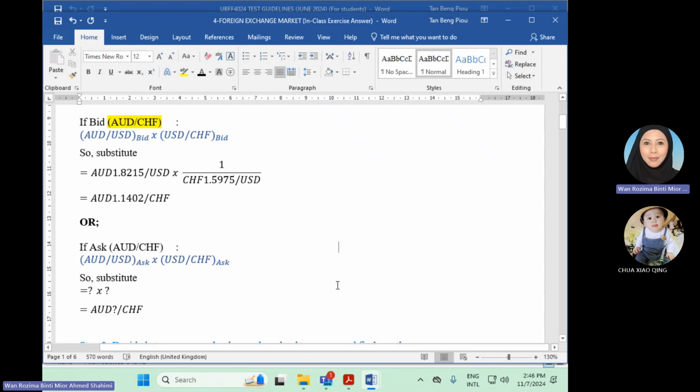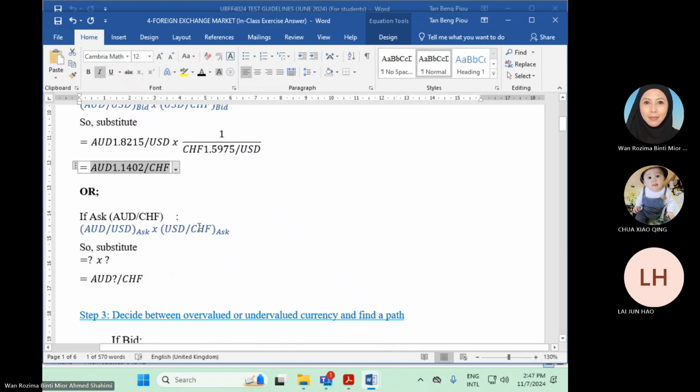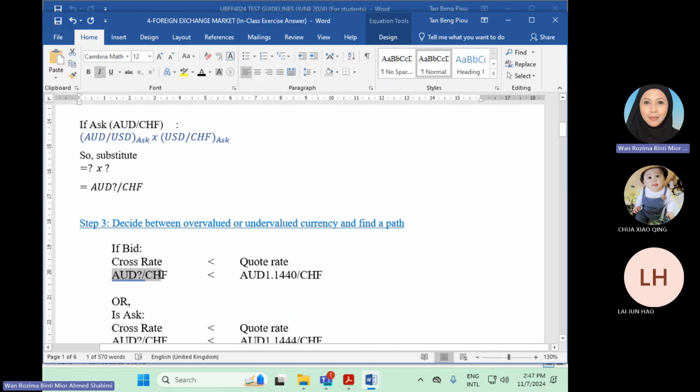Okay, so what you have to do, compare, remember, the cross rate on your left, the theoretical one, and then on your right from the question. So I copy, and then I will take this.